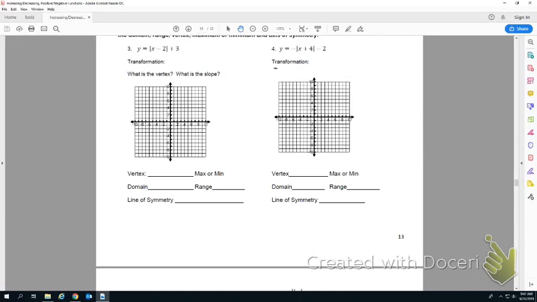Okay. Greta, what's another one? So it goes what? Which direction? Down 2. And Meredith, what does the negative do?